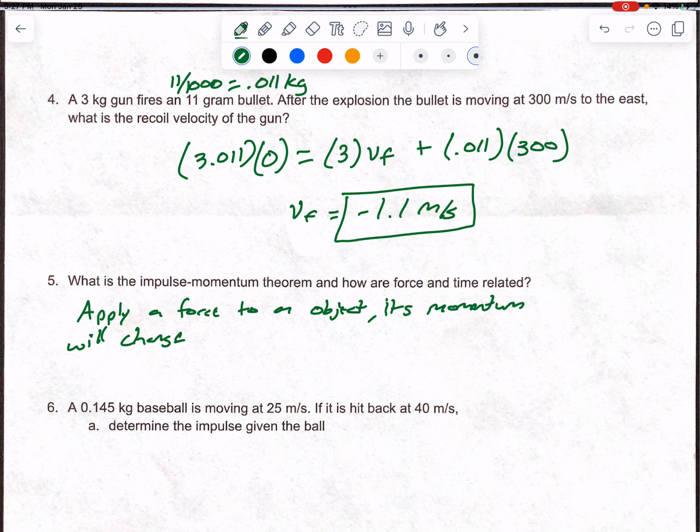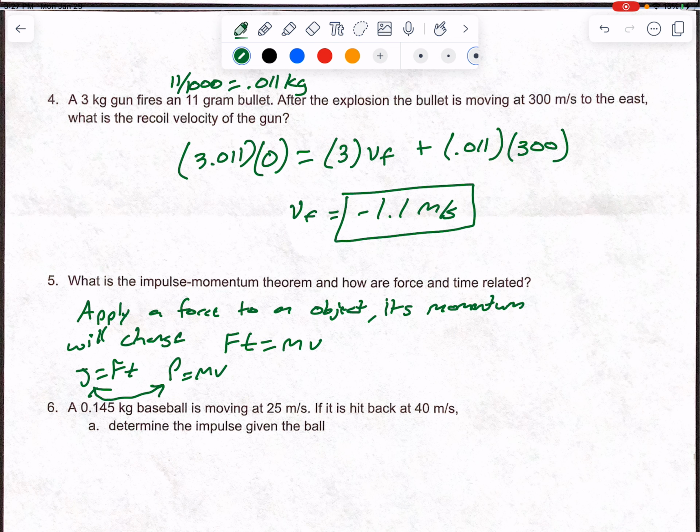So remember, impulse is J equals F times T. That's your force applied over a certain time. Momentum equals mass times velocity. Now, if I apply a force to something, that's going to change its velocity, which in turn is going to change its momentum. So impulse momentum is basically stating that technically these two are the same thing. So that's why we can set F times T equal to M times V.